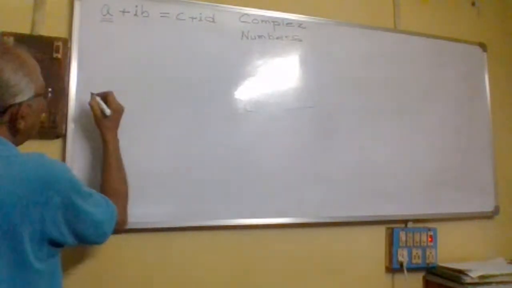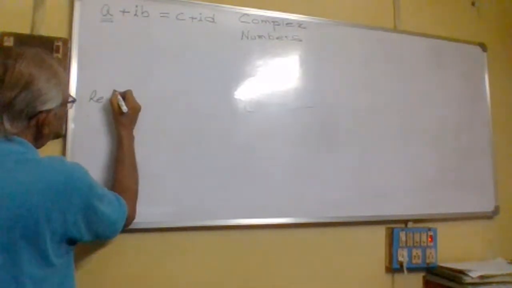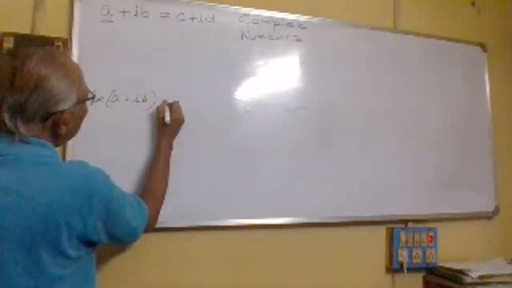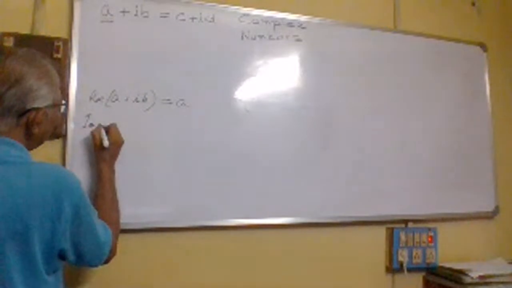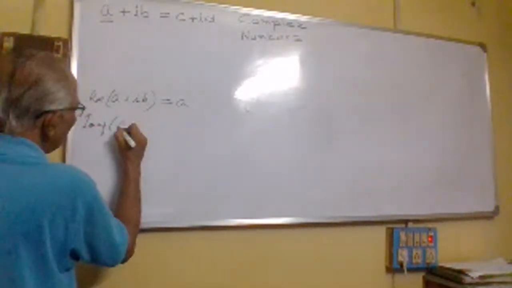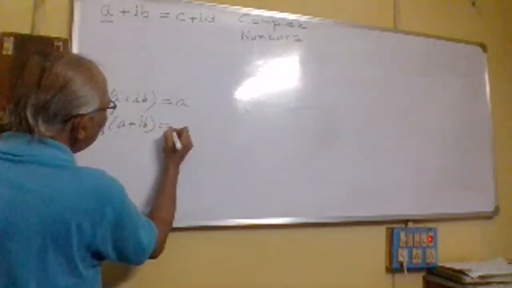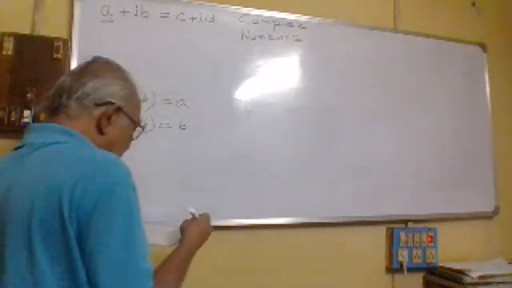We write real part of a plus ib equals a. Similarly, we write the imaginary part of a plus ib is equal to b. b is the imaginary part.